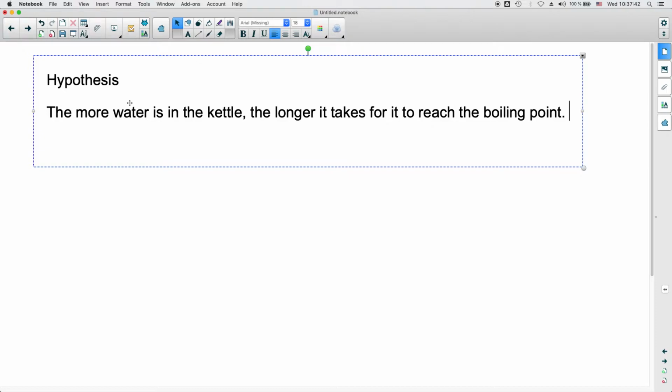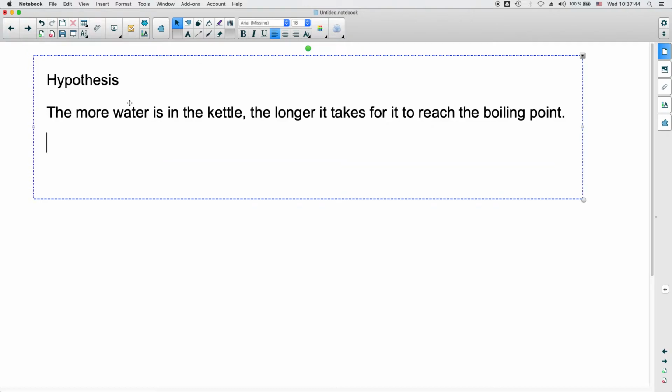So a better way of writing this would be to say, well, what kind of relationship do I actually get? Is it a linear relationship? Is it a proportional relationship? An inversely proportional relationship?